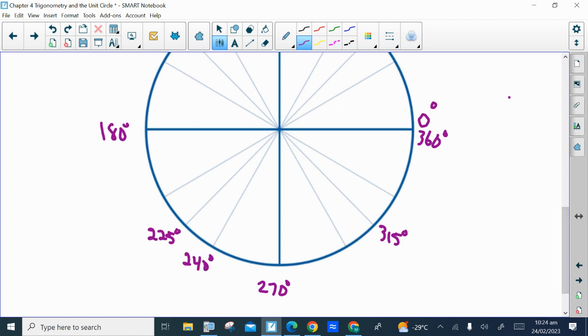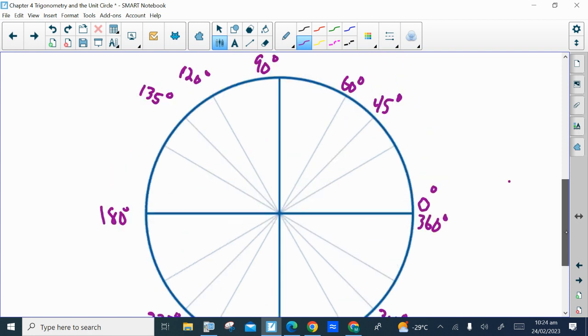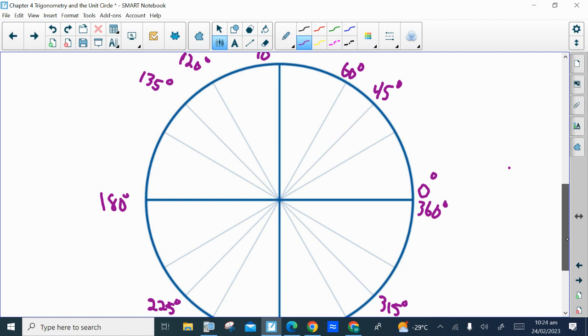So that's past 225, between 225 and 270. Another 60 takes us to 300 degrees. So that's just short of 315. And then another 60 degrees past 300, we're back to 360. So those are the stops along the unit circle if we're going around in terms of 60 degrees.